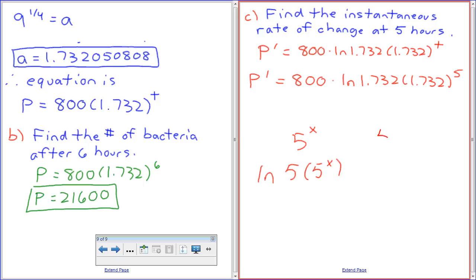Okay, let's say it's 5 to the 3x minus 2. That's ln 5 times 5 to the 3x minus 2 times 3. Right, because it's ln of the base times the original function, then times the derivative of the exponent.